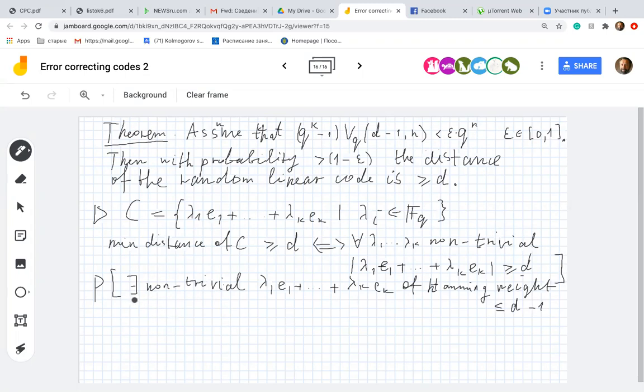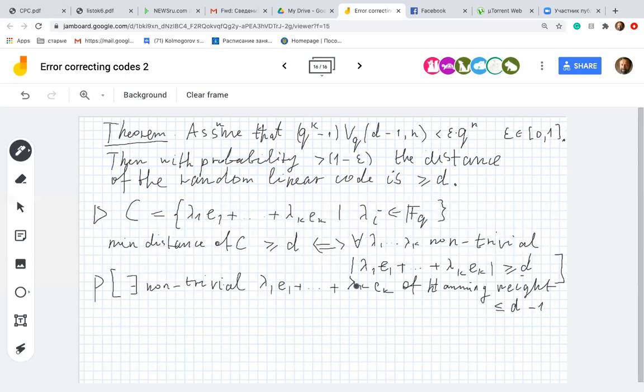Here e1, ..., ek are chosen at random. So this event, whose probability we want to upper bound, is the union of events which are obtained from this event by fixing lambdas, all the lambdas.